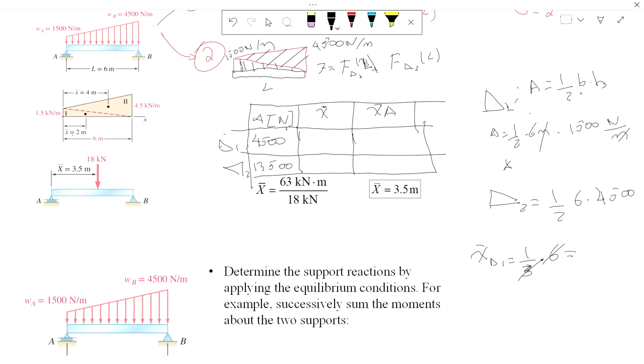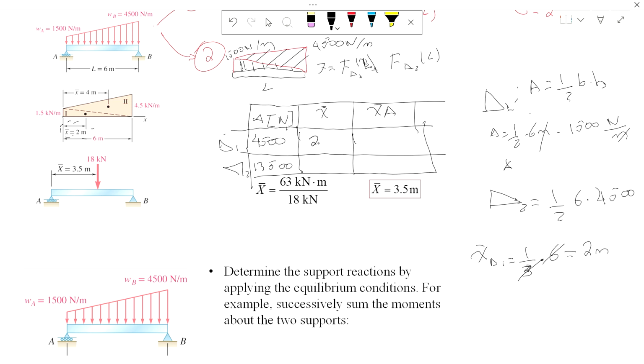The area is 1/2 of base times height, but the centroid is 1/3 of the length. So this is equal to 2, and this is in units of meters, which is this value right here. So 1/3 of 6, and for a triangular shape, that is something that we either look at in the table that we had before, or we just memorize that it is 1/3 of the length.